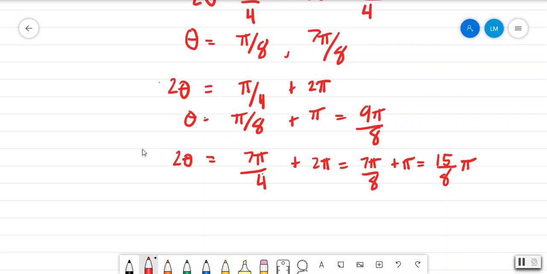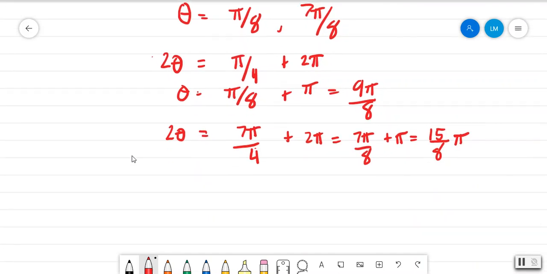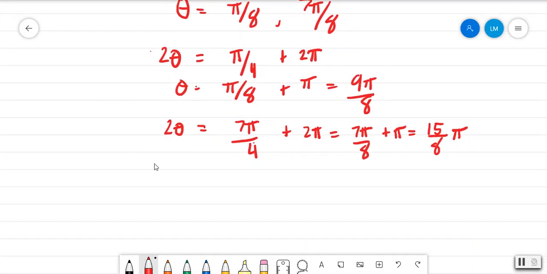I think that this will account for the one rotation, so the pi, and this will account for the next rotation, another pi. So actually these are a little bit of extra solutions. What we should have done was just take the solution of pi over 8 and just add n pi.